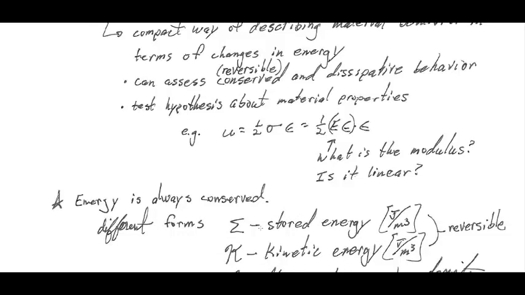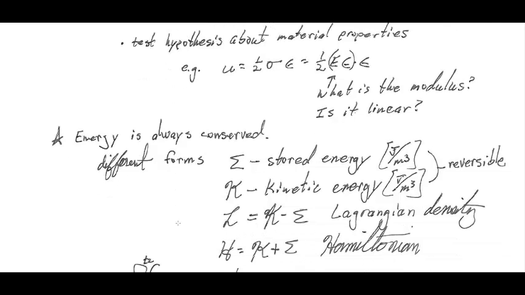One of the other key things to note is, due to the first law of thermodynamics, energy is always conserved. So we're going to be using a few different forms in the class, particularly looking at stored energy, different types of stored energy, whether it's elastic, mechanical energy, whether it's different types of electromagnetic, maybe dielectric energy in a capacitor, maybe magnetic energy in some type of magnet.